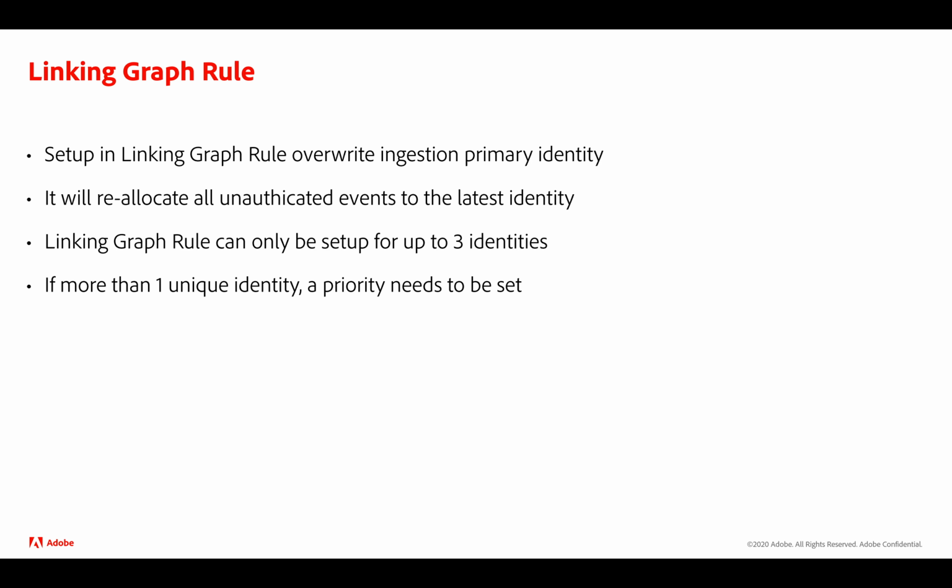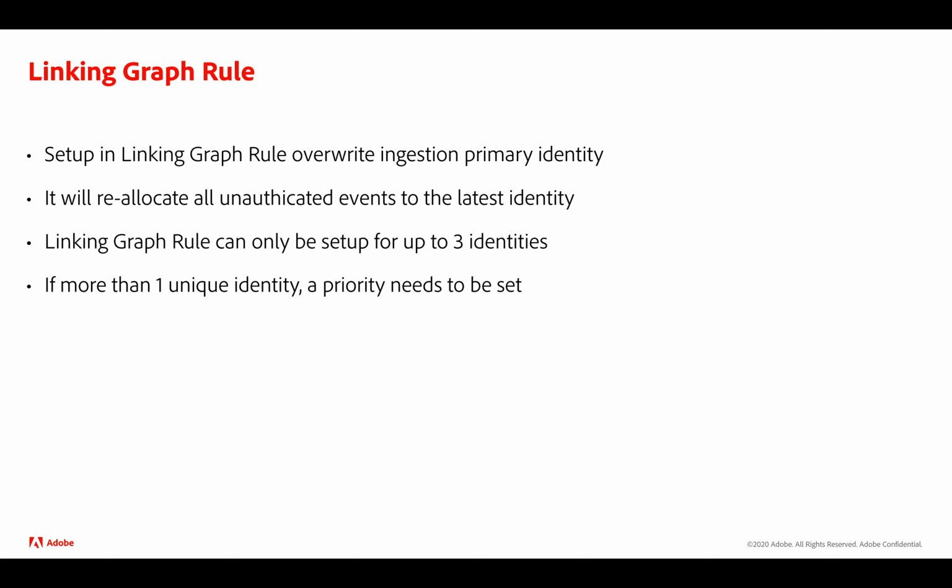We're going to see an example in a moment, but that is going to impact how your segment membership will be defined, especially based on unauthenticated event data, like on a website. And the linking graph rule can only be set up with up to 3 identities, so you can have only 3 identities that could be unique.